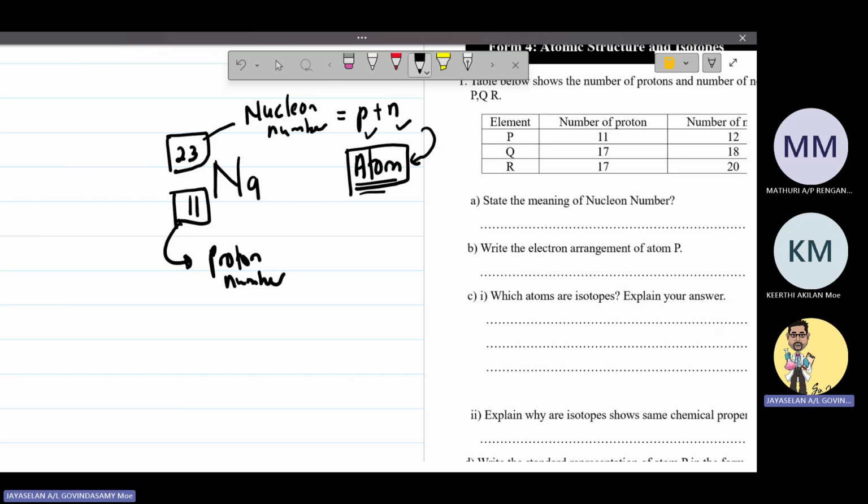The proton number is the total number of protons in an atom or nucleus of an atom. The proton number is used to do the electron arrangement. If they ask you to do the electron arrangement, you refer to the proton number, 2.8.1.